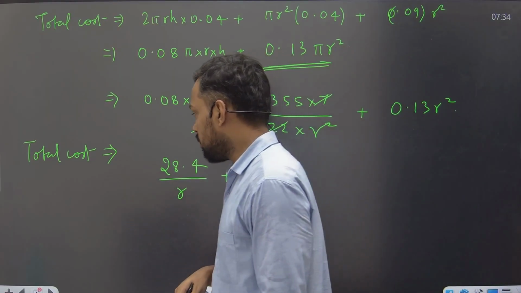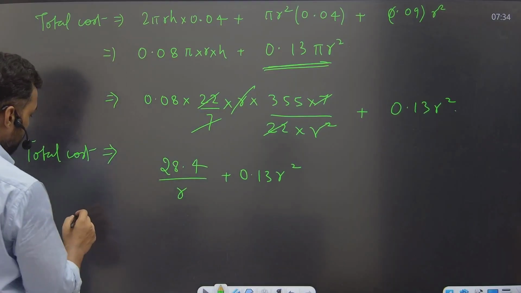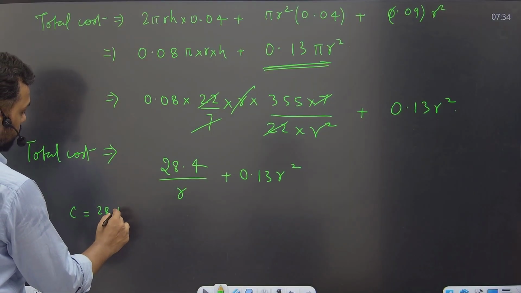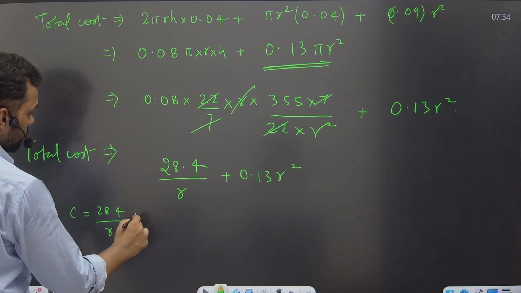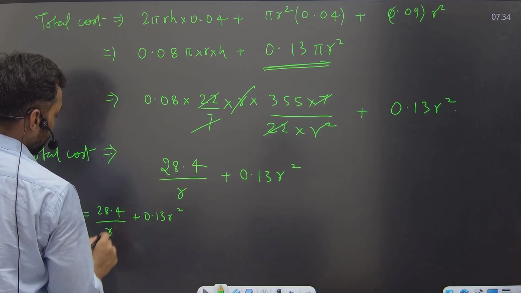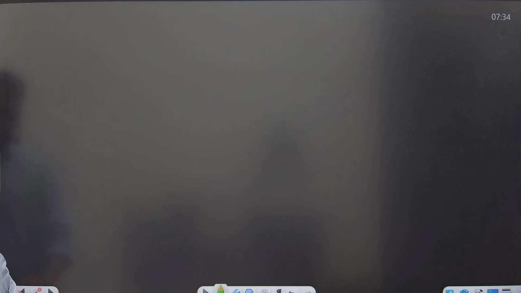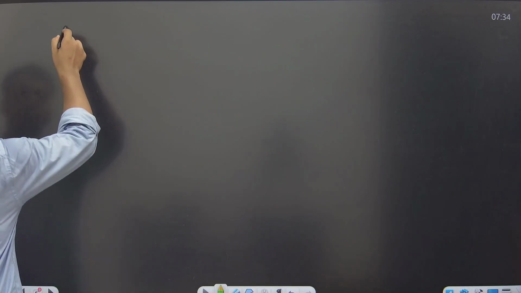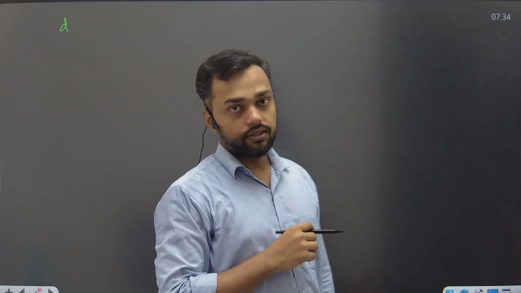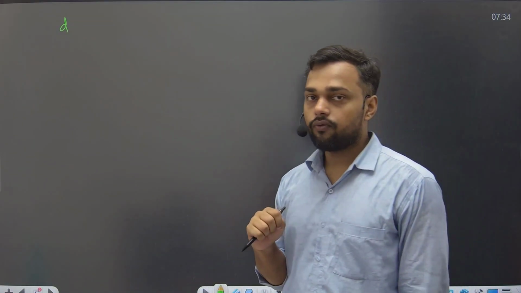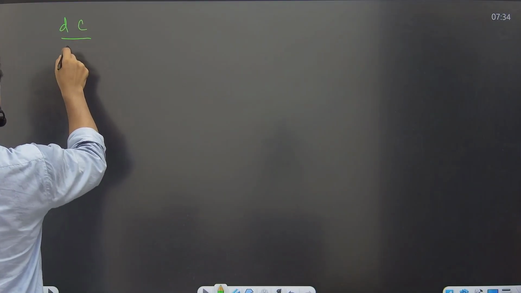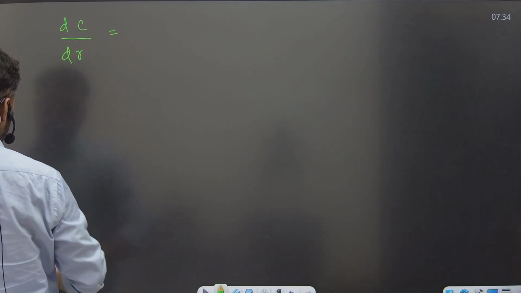So this was the cost: c is 28.4 by r plus 0.13 r square. For finding the critical point, student, we need to differentiate the function, then only will we be able to find the critical points. So dc by dr, we are differentiating c with respect to r.